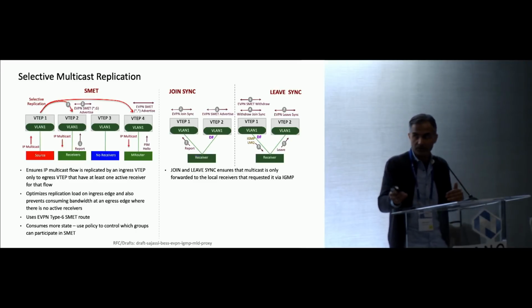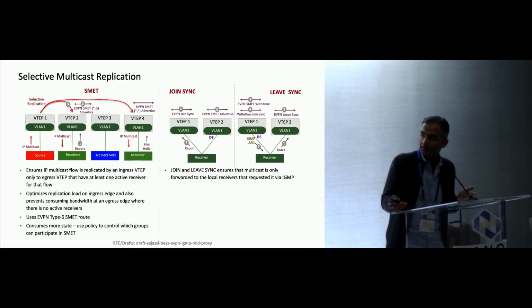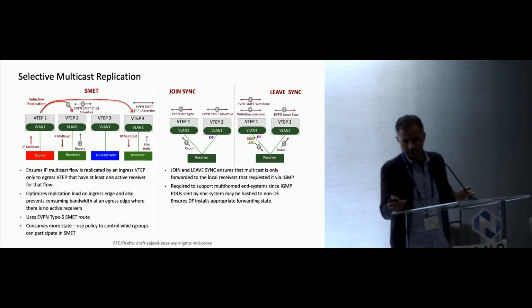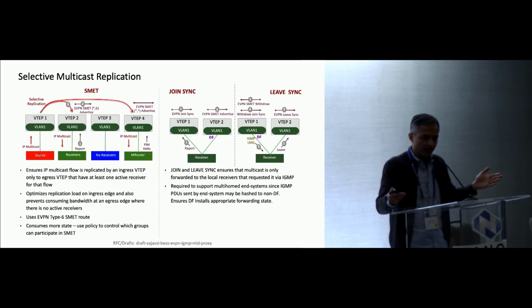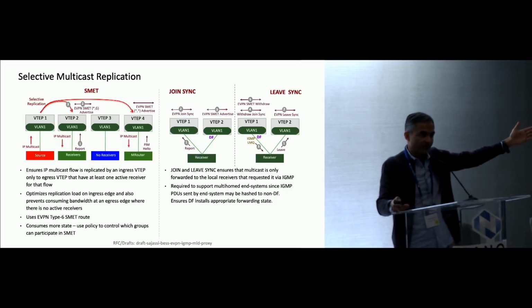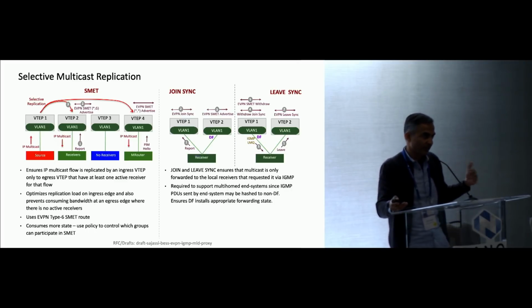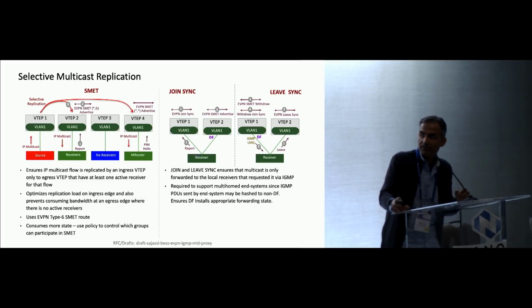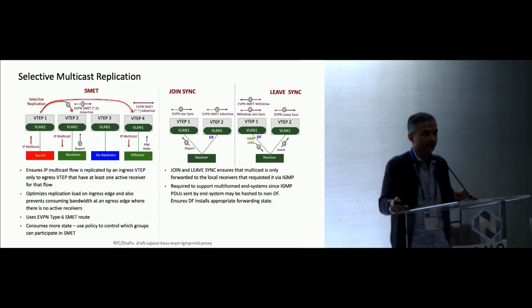That's where the join sync and the leave sync are important when you have multi-homing. They ensure that the DF is always the one that sends the SMET route, and that the DF is aware that the SMET route needs to be advertised or withdrawn.